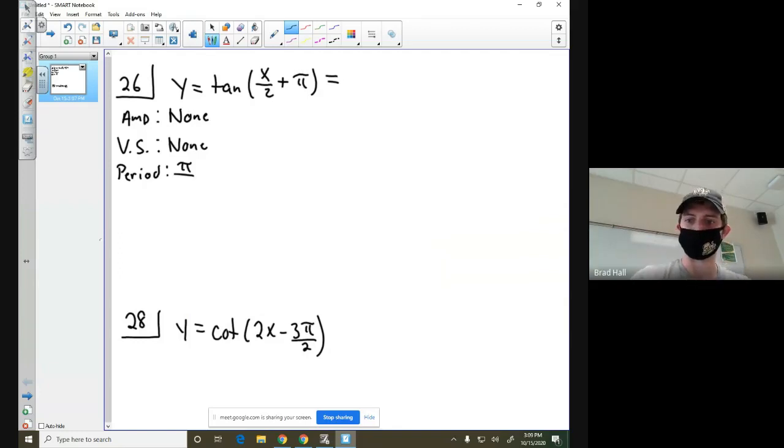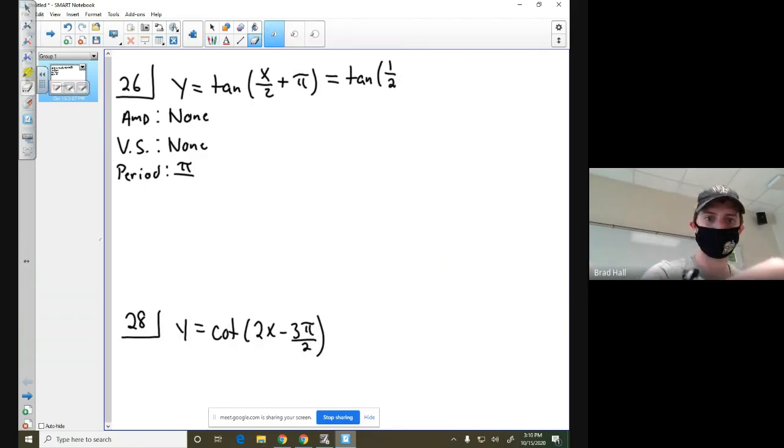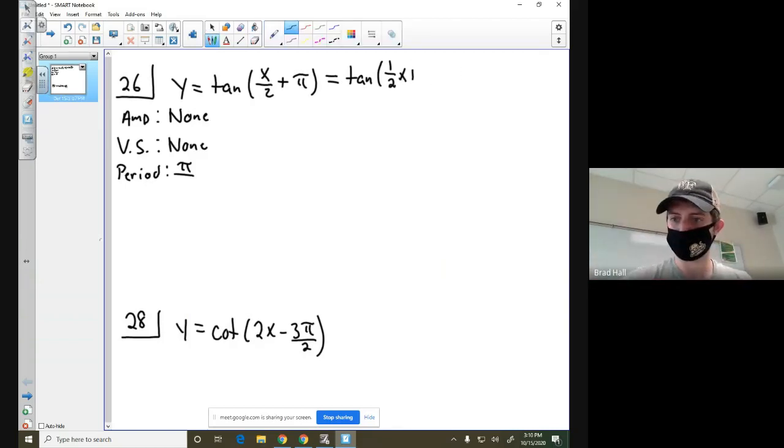I'm going to rewrite it this way. Wait, what am I doing? I'm sorry, that should be x. And then in that regard, this is the same exact problem. They did that on purpose.